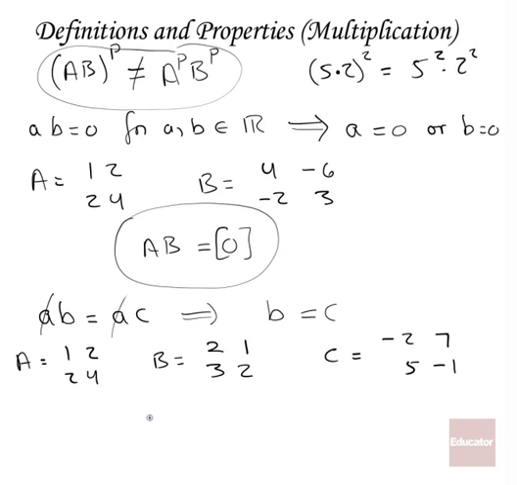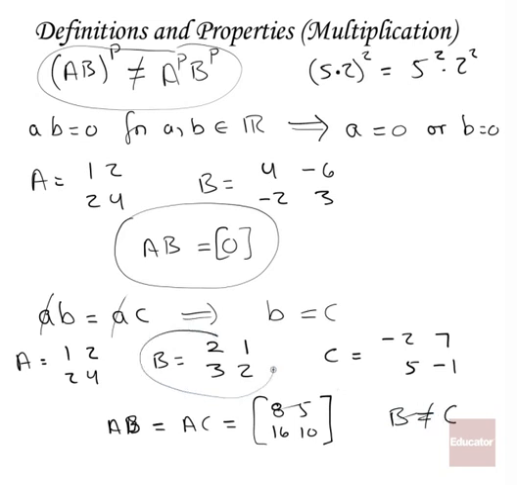Now, if I multiply AB, and if I multiply AC, I get the same matrix. I get [8, 5; 16, 10]. So notice AB equals AC, but B and C are not equal.